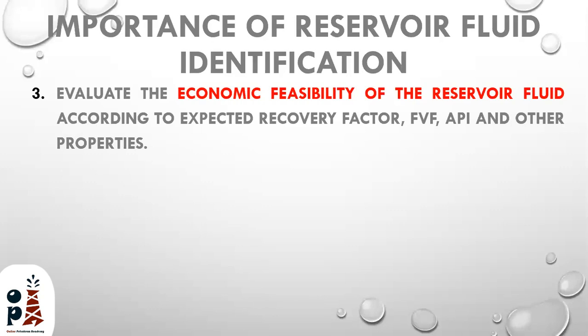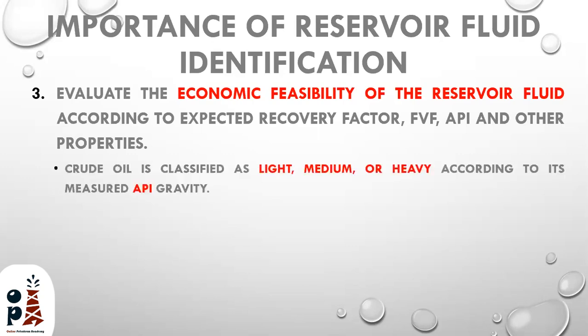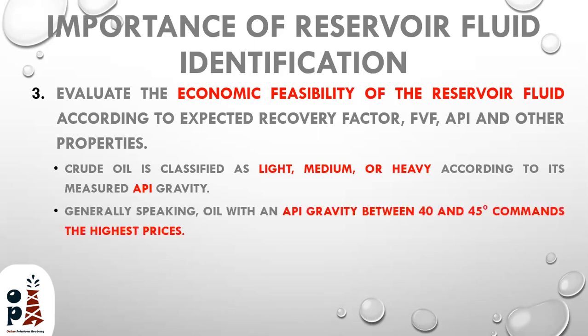Also, identification of the reservoir fluid can lead us into our economic feasibility studies, such that we know that crude oil is classified as light, medium, and heavy according to the API density. So when we have an API ranging from about 40 to 45, we can expect that our oil will have a very high price.